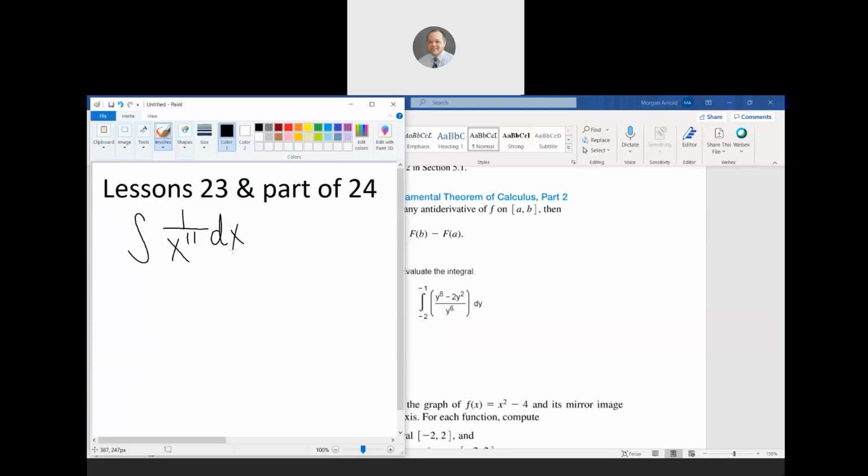Before we can take the antiderivative or undo the power rule, we need to rewrite our positive exponent as a negative exponent. So that would now be x to the negative 11th power dx.